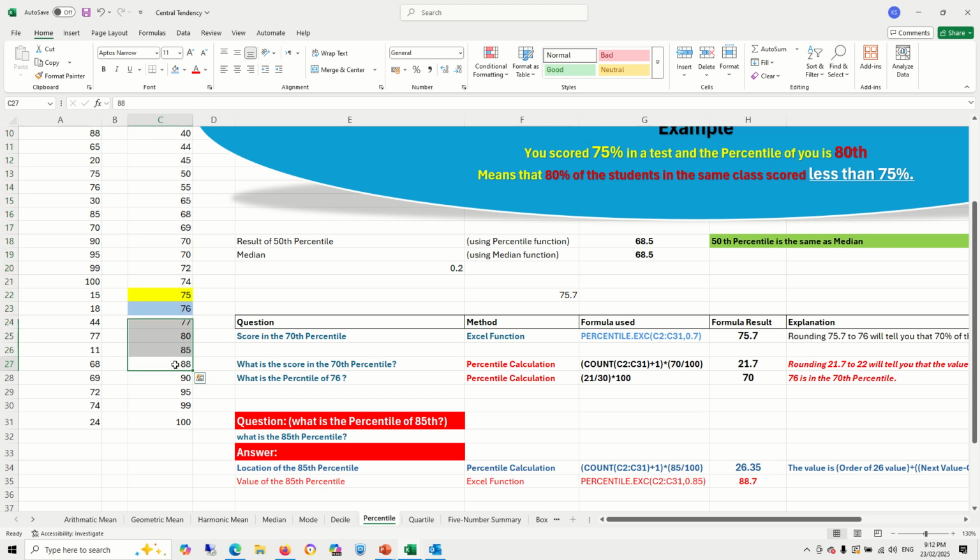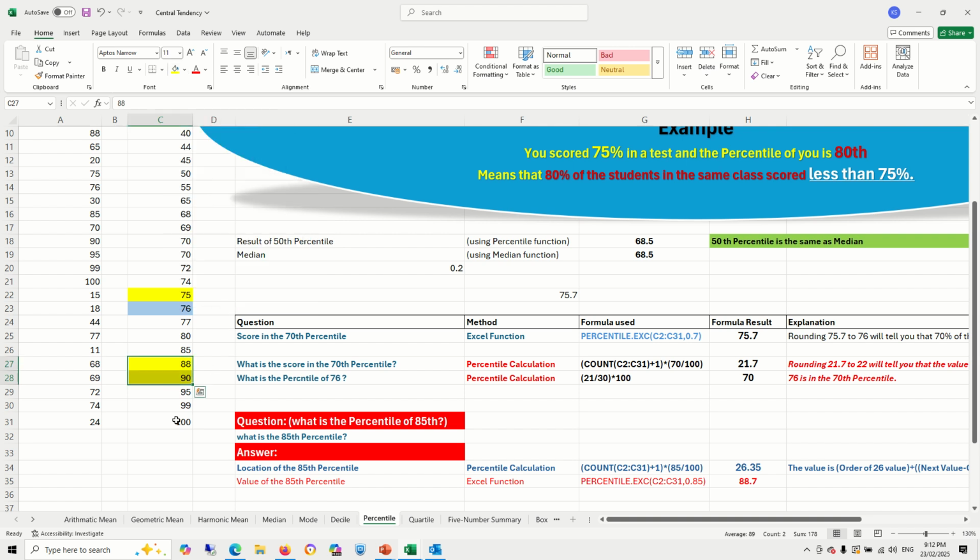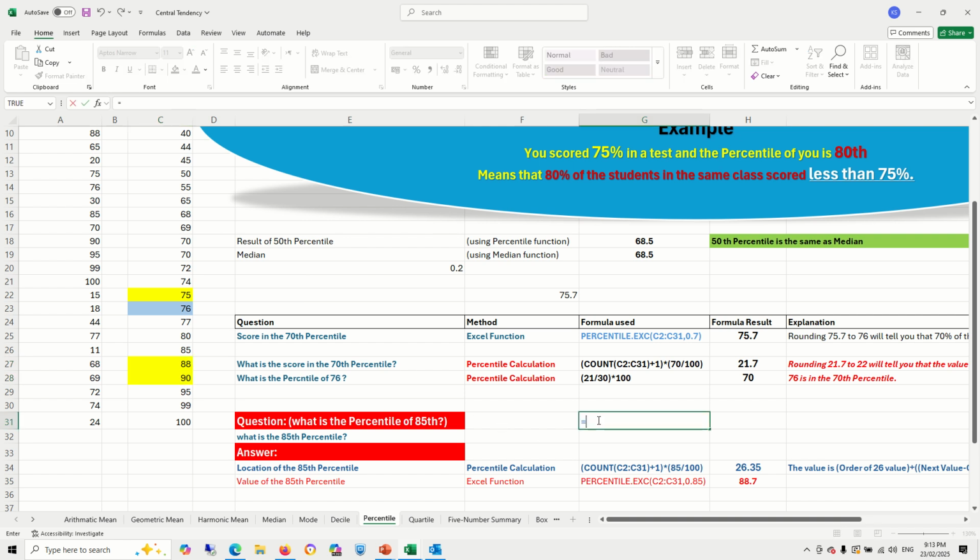That means that it will be 88 plus 90 minus 88 multiplied by 0.35, close the bracket.